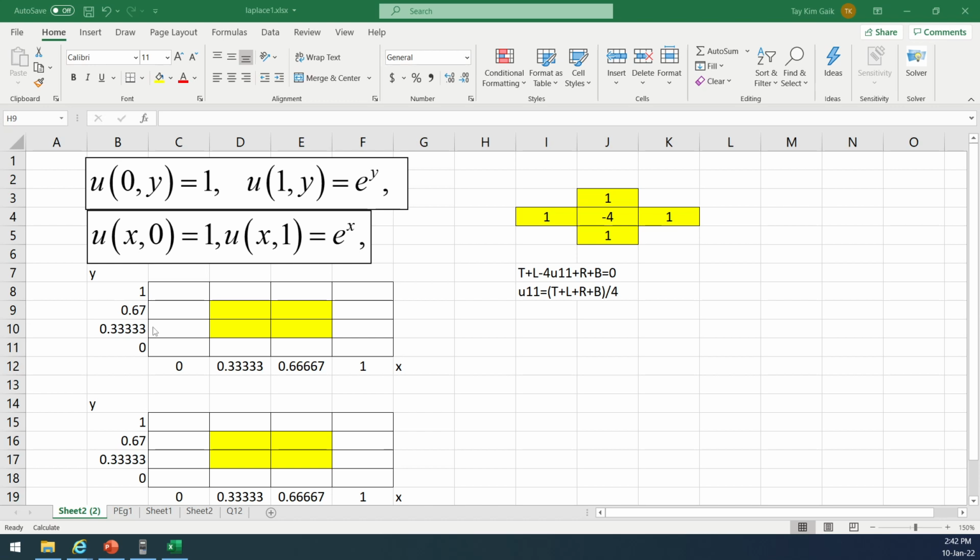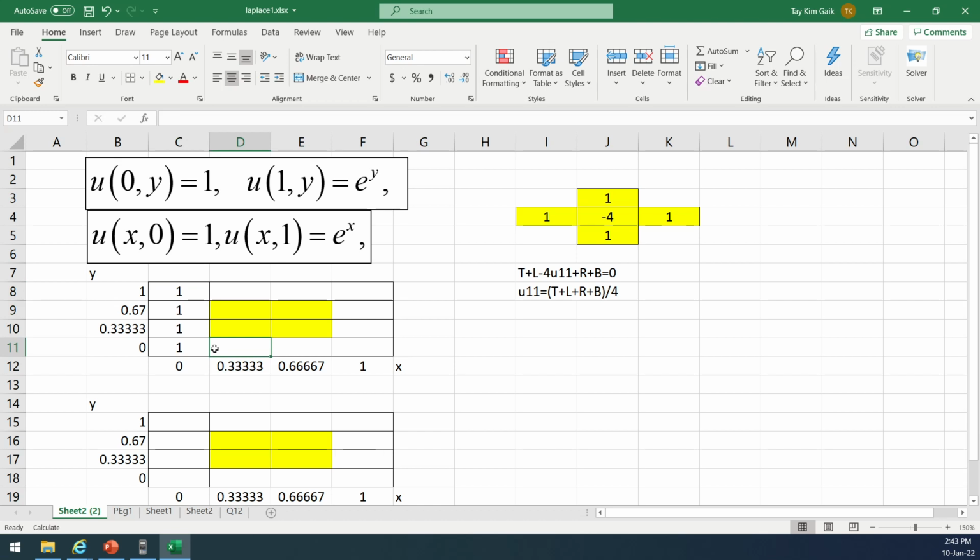Left. Okay, left, correct. u(0,y) equal to 1 is left. u(x,0) equal to 1. Okay, Zijian, thank you. Left and then bottom, yes.